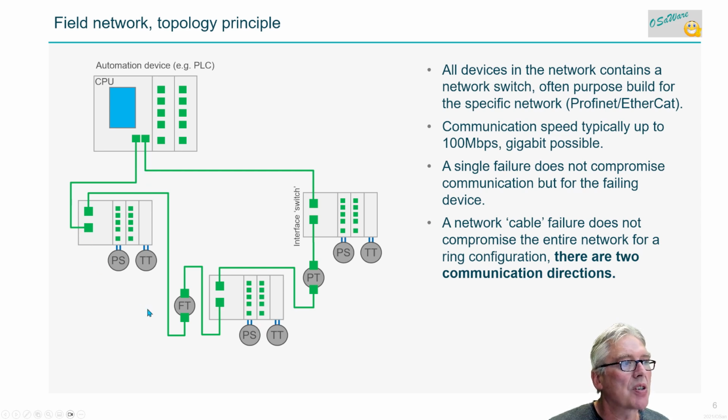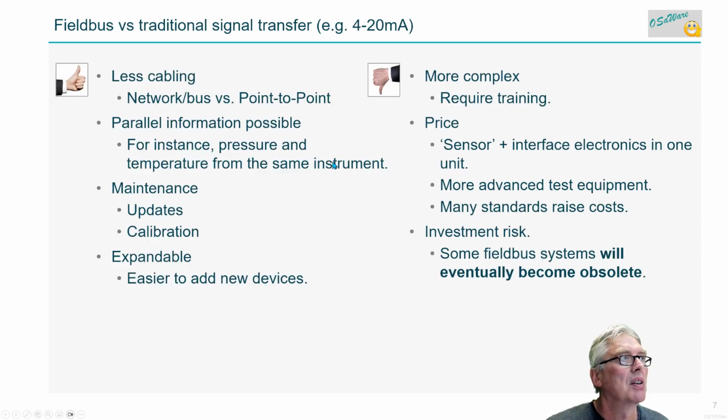There are switches in these devices, but you would also need special switches in a network like this. The redundancy means that if you break the ring, they can use two routes for communication, so a single failure is not going to impair your communication.